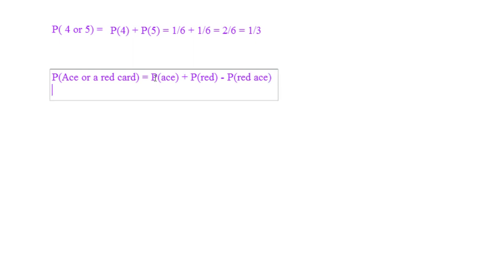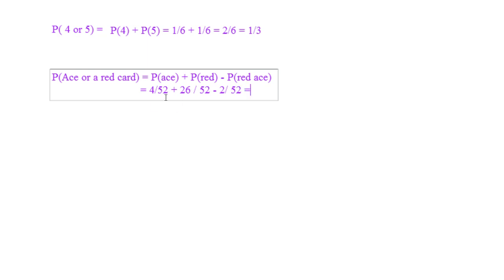All right, and if we think about that, that's actually really easy to work with. The probability of getting an ace is 4 out of 52. Red card is 26 out of 52. And then minus a red ace, which is 2 out of 52.